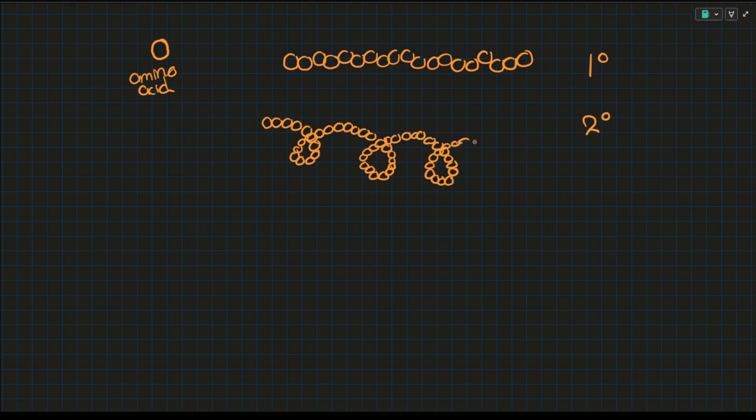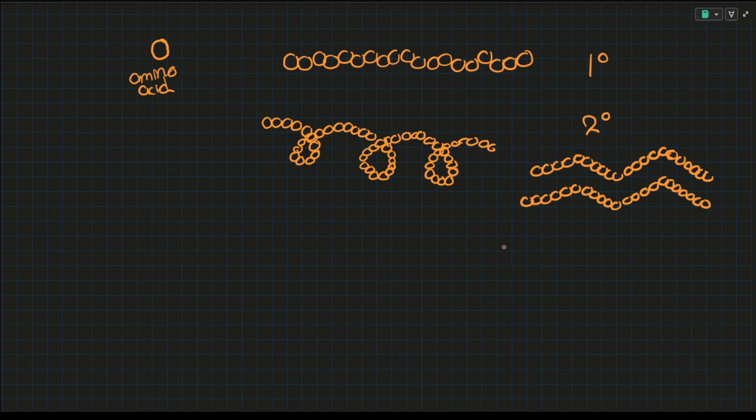That is like a brain twisting moment. So this is what I'm trying to draw. Alpha helix, or they can form the beta pleated sheet, like so. It's either the alpha helix or the beta pleated sheets at the secondary level.